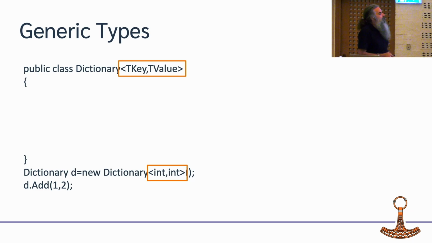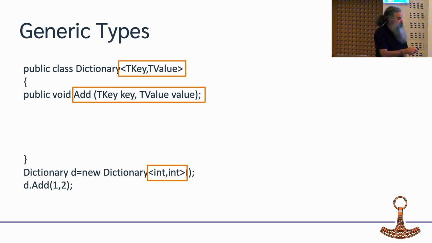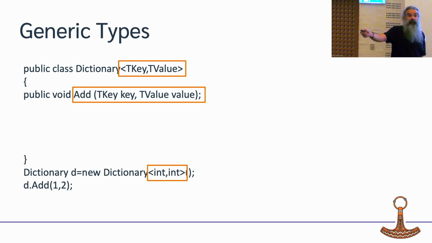And then when we want to add an entry to the dictionary, we have a function. Now, this isn't strictly a generic function. It's a function in a generic class, but it inherits the types from when we did the new on the dictionary. I'm sure any of the 3 guys that spoke would have done a much better job of it.